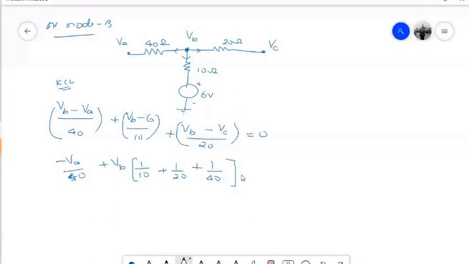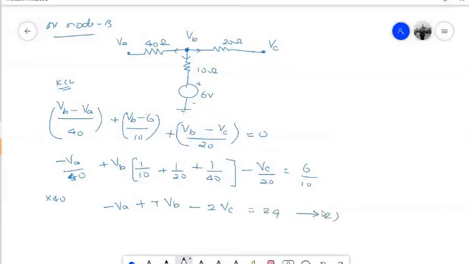So now to make it simple, just multiply it by 40. We get minus VA plus 7 times VB minus 2 times VC. Now this is equal to 6 into 4, which gives around 24.